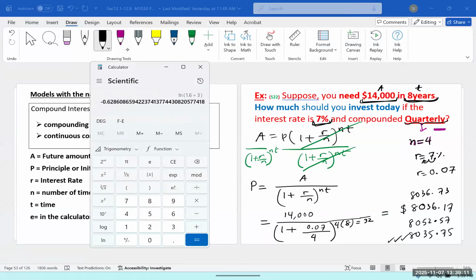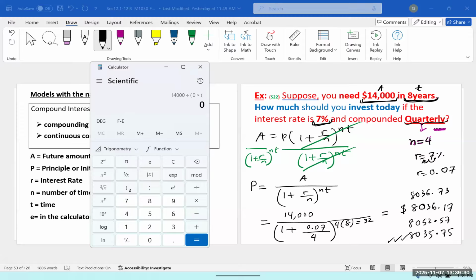So let's see. We have 14,000. We are dividing by, since we have so many things in the denominator, I need to put a big parenthesis. No, we need double parentheses because we have to use the power.